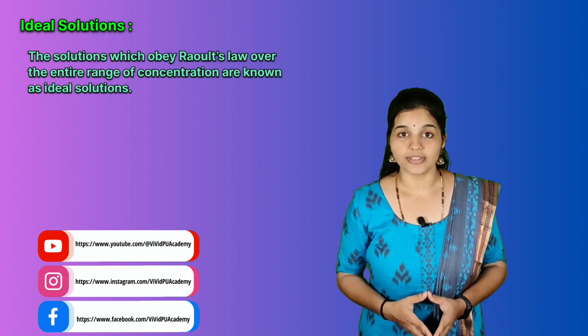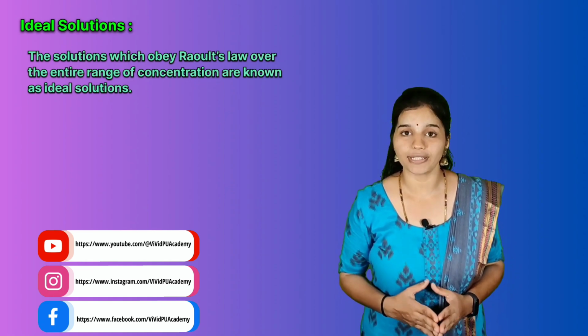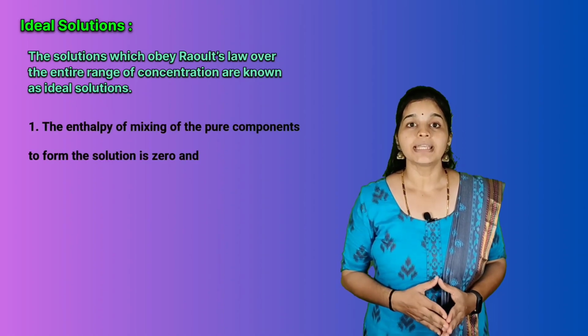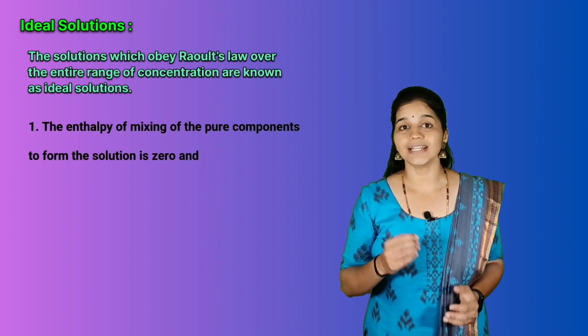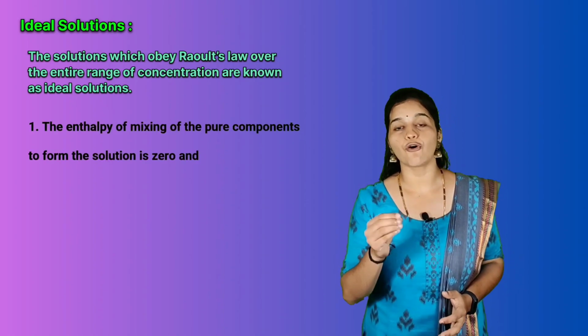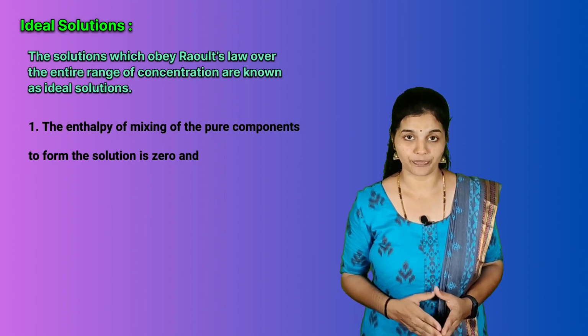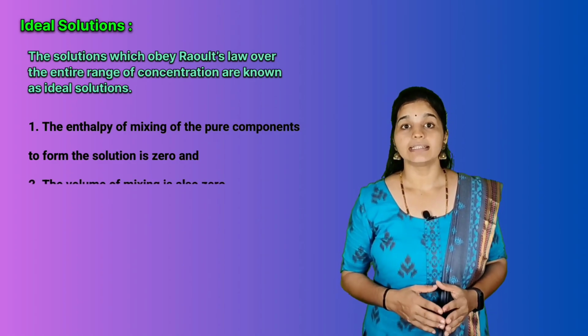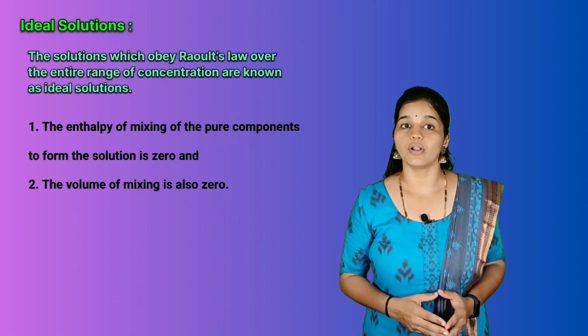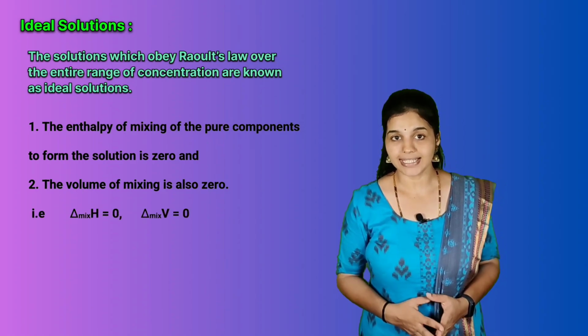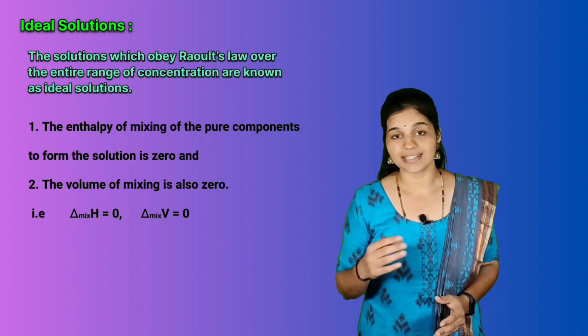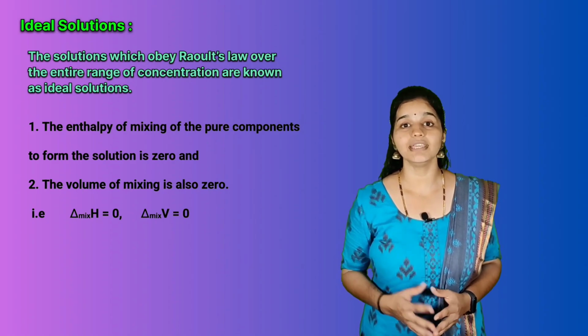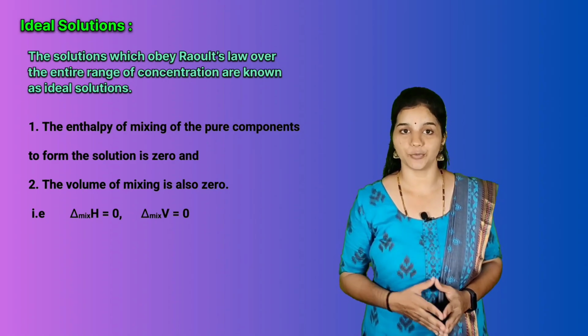These ideal solutions have two other important properties. One, the enthalpy of mixing of pure components to form the solution is 0. And second, the volume of mixing is also 0. That is, ΔH of mixing is equal to 0 and ΔV of mixing is equal to 0.